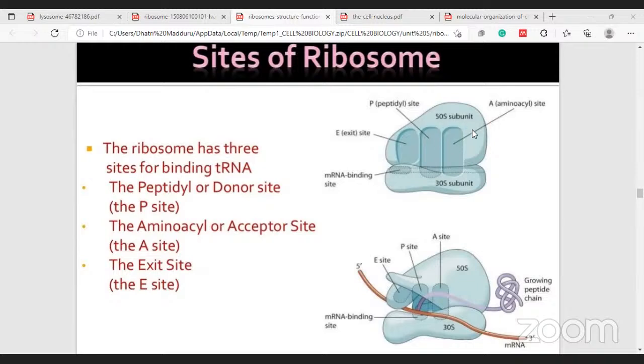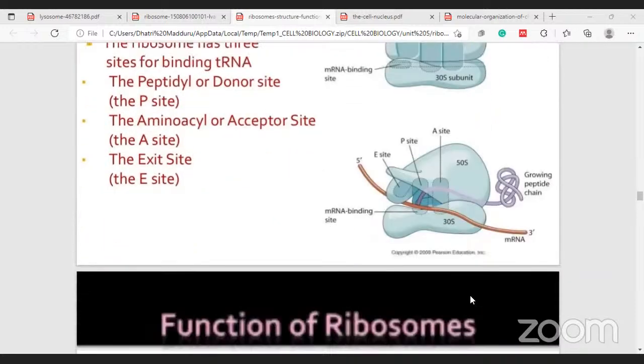So the growing polypeptide chain comes from the P site, and once it is finished, the tRNA will release, and this growing polypeptide chain will be released from the E site, the exit site, and these two subunits will be dissociated.